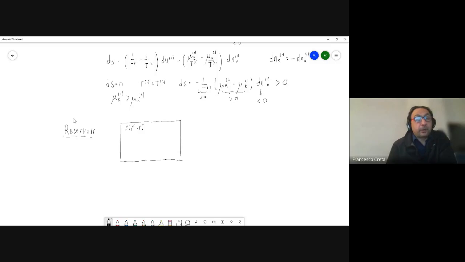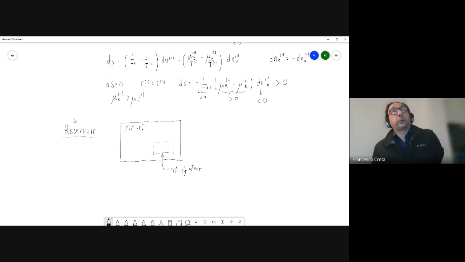Then I have a much smaller system here. To have a composite system, you need to have two systems, so this one is contained, and I'll put it here with other kinds of walls. And this is our system of interest. What do I mean by that? This is the system for which I want to derive, for example at constant pressure, a condition of equilibrium.